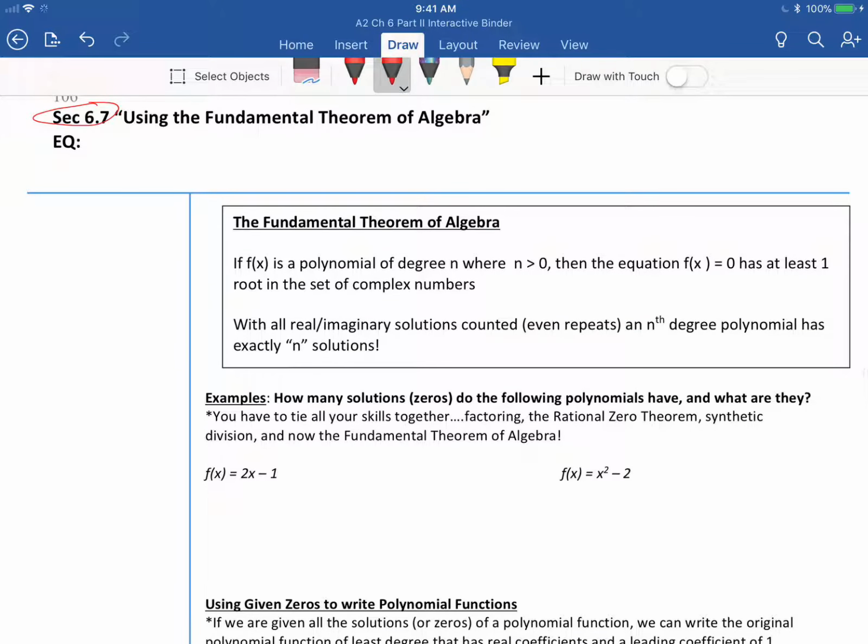Alright, so here it says using the fundamental theorem of algebra. My essential question today is how do I find the original polynomial if I am given the zeros.